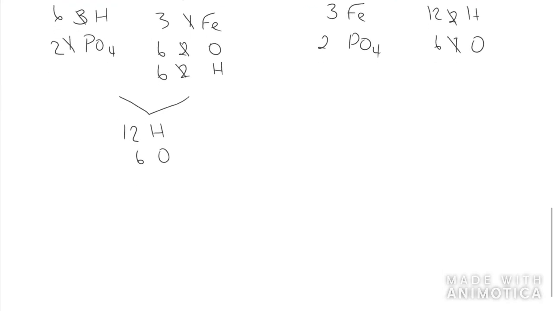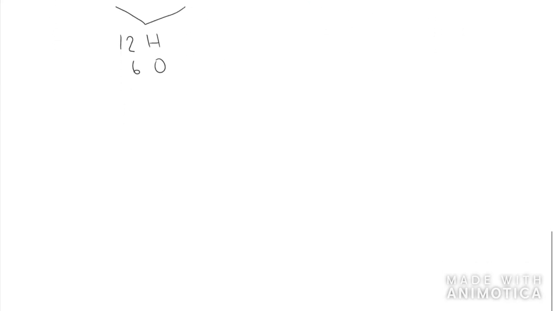The last type of reaction that we're going to look at is called combustion. And combustion is what it sounds like. It's when a compound or element reacts with oxygen. So this always makes carbon dioxide and water, at least at this level.